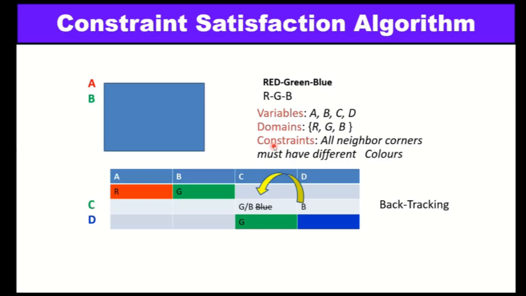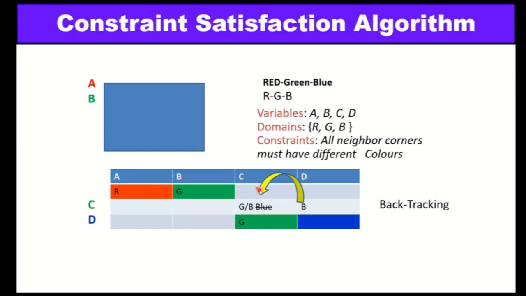Now the constraint satisfaction algorithm has one more property, called backtracking. Many times when the problem is simple, we can assign and straight away solve the constraints. But whenever there is a conflict, for example, we start allocating colors. We assign the first corner red, the second corner green.